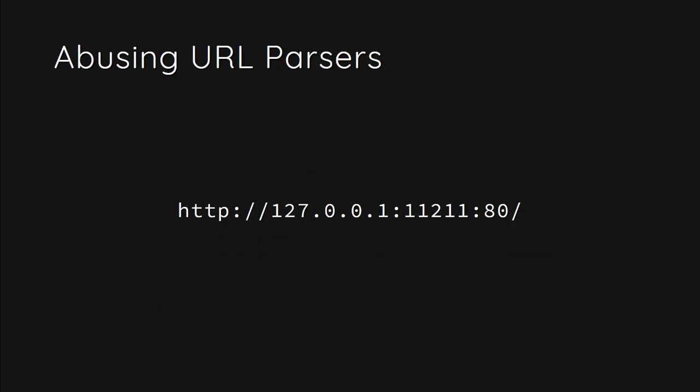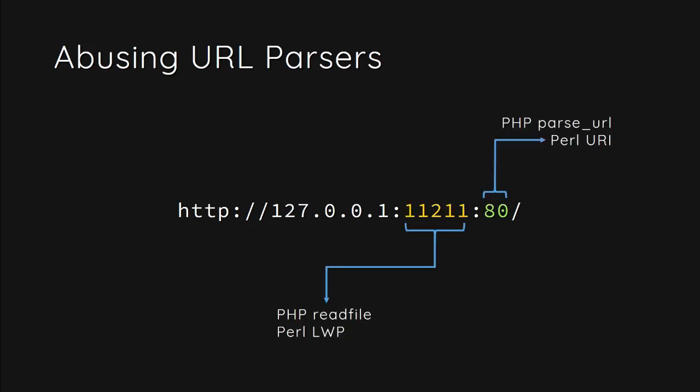But how about this URL? Everyone knows the colon is the separator between the host and the port. The RFC defined the spec but didn't say how to implement it. So, will this colon be interpreted from the front or the back? It is interesting.